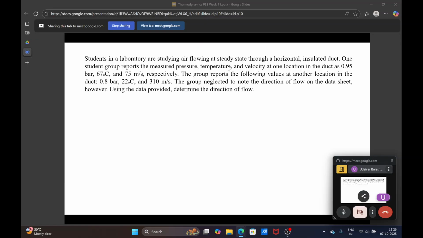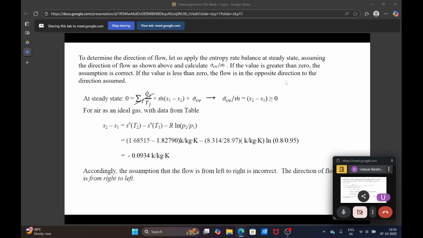If the entropy generated turns out to be positive, this process is possible and the assumption of the flow direction which we made is correct. If it turns out to be negative, then the direction which we assumed is wrong, and the actual direction is the opposite of our assumed direction. So to start with, we'll assume one direction, and that is from 1 to 2.